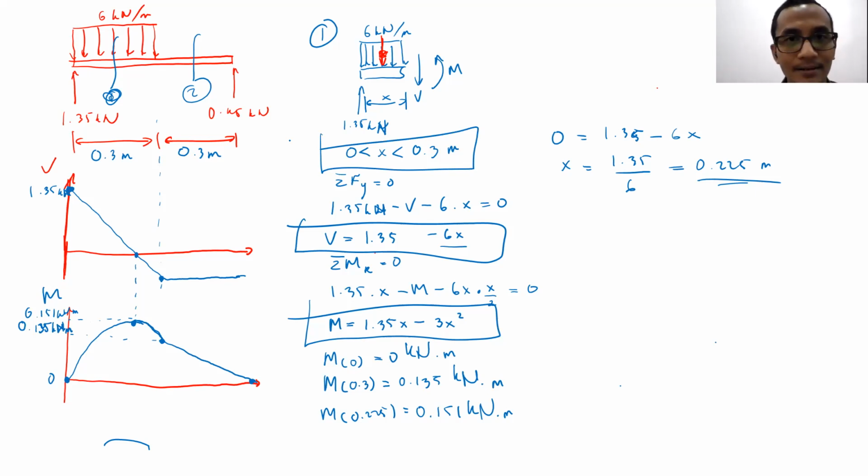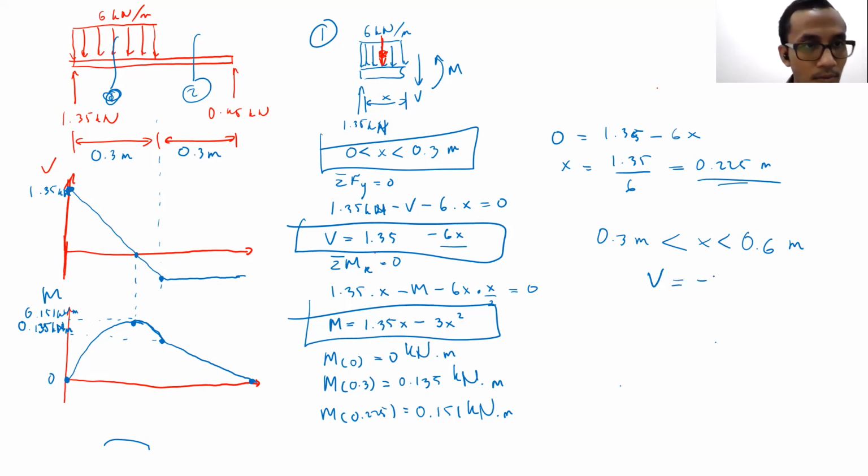Because for the other region, from 0.3 meters until 0.6 meters, the V there is supposed to be minus 0.45 kilonewton.